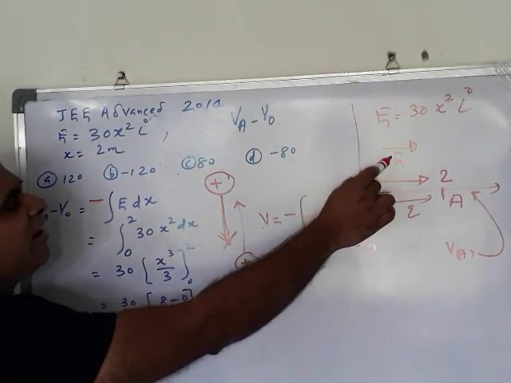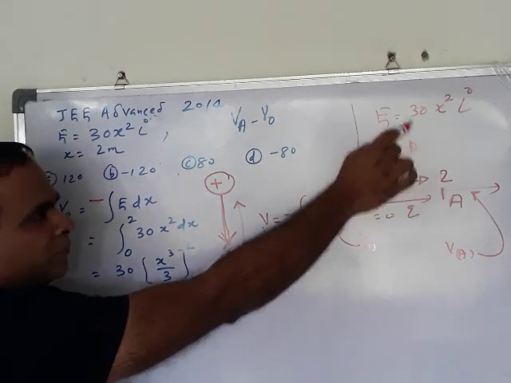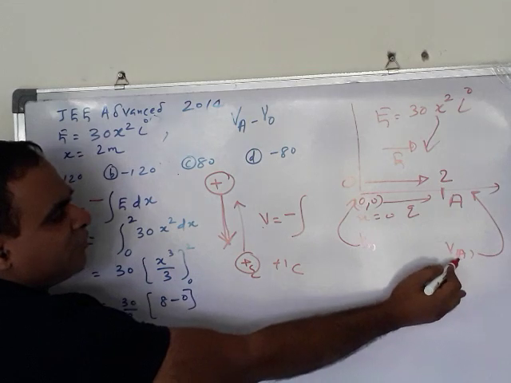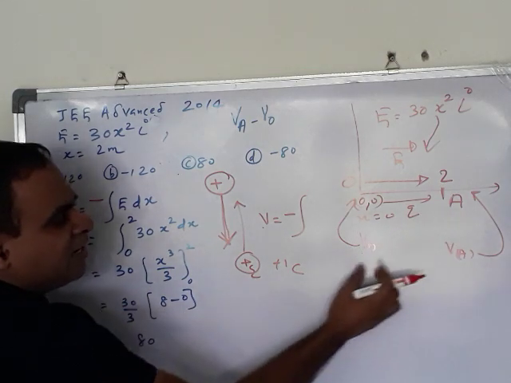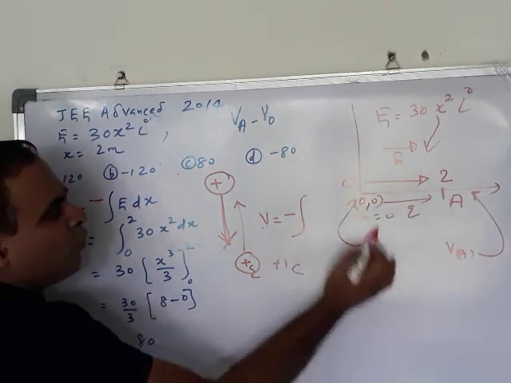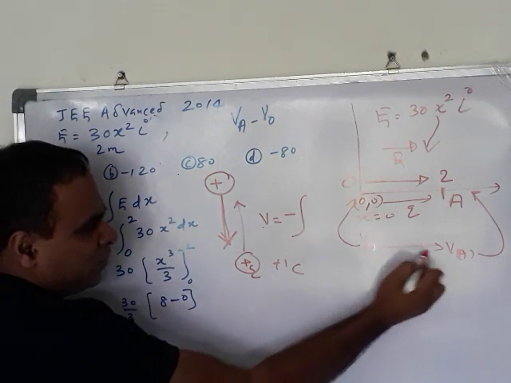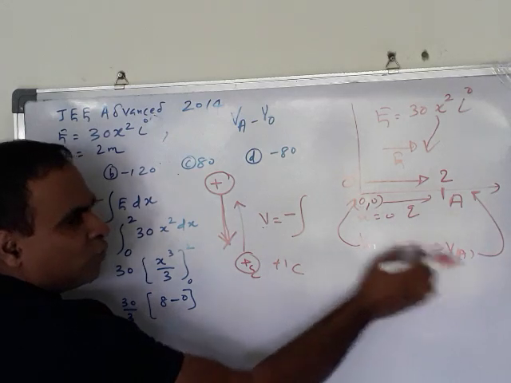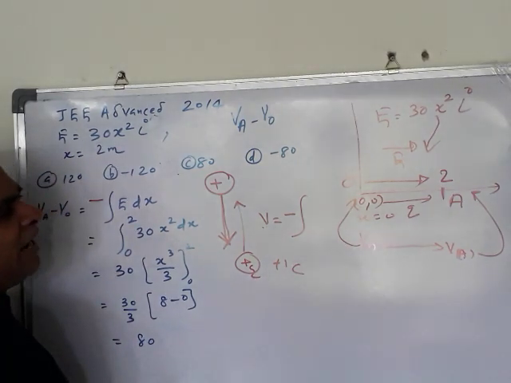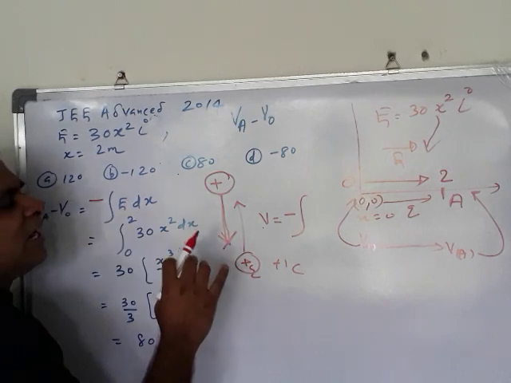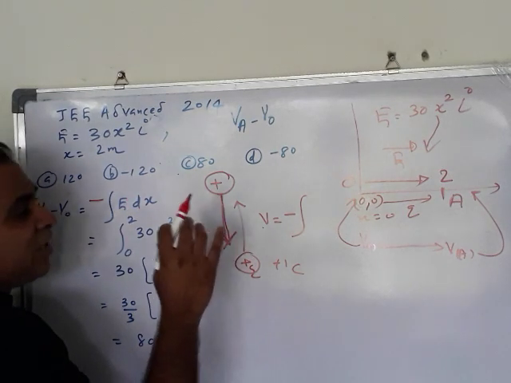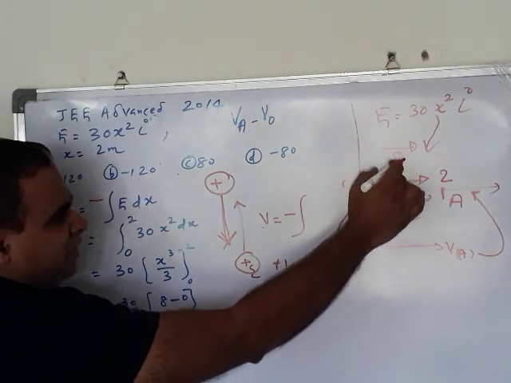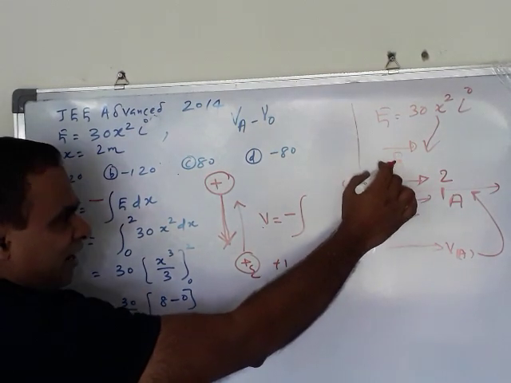Here the electric field is in the positive direction, because that is understood from the question. To find the potential difference between VA and V0, VA is the final and V0 is the initial. We have to move the test charge from V0 to VA, so we are moving the charge in the same direction as the electric field.